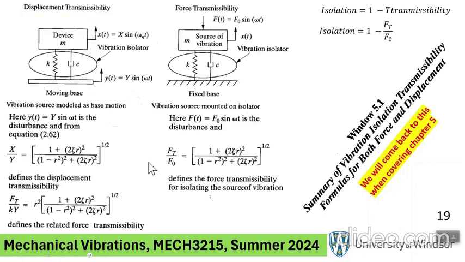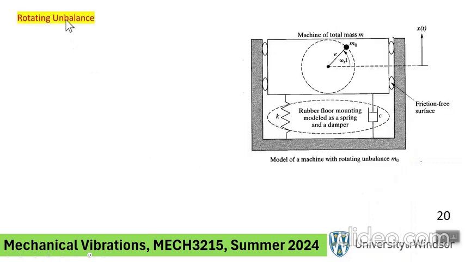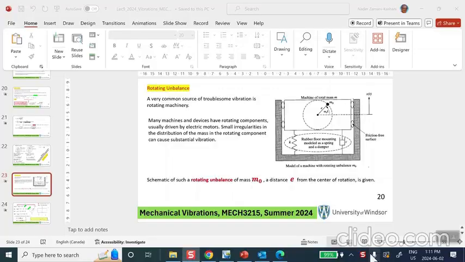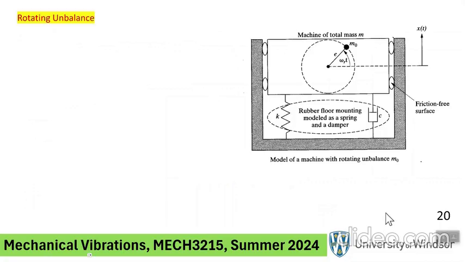All right, so the last item that we're going to discuss is rotating unbalance. We just set the stage for Thursday's lecture. Okay, rotating unbalance is a very common source of vibration.